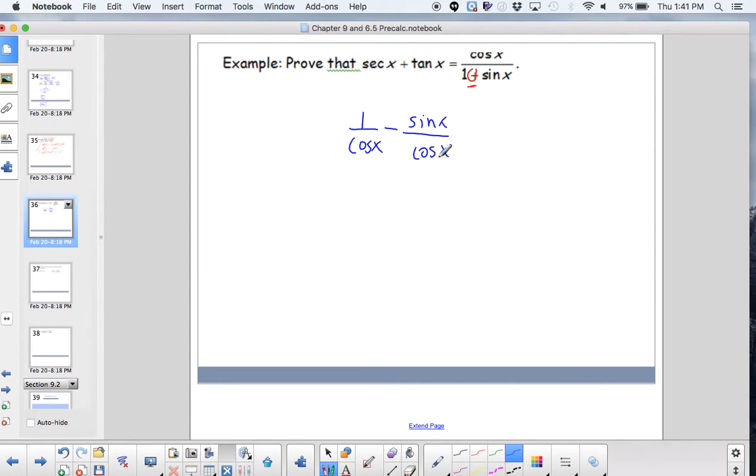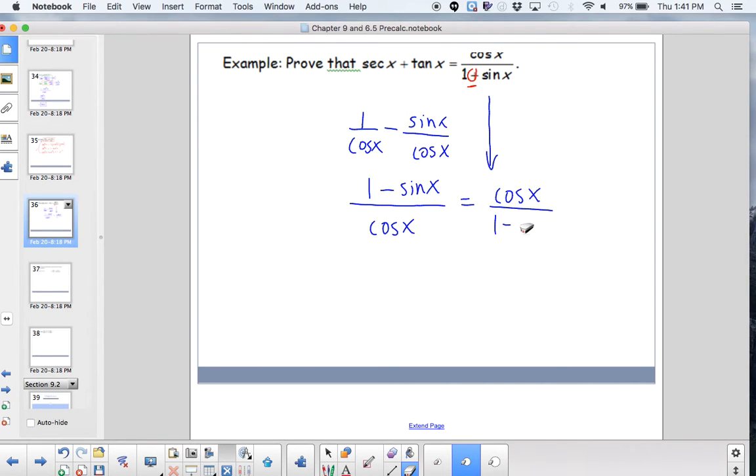Right, and I'm going to continue working with this side. I have a common denominator of cosine x, which gives me 1 minus sine x over cosine x. And then if I look at this other side, if I bring down this other side at this point, then you're going to realize, let's change that. 1 minus sine x.